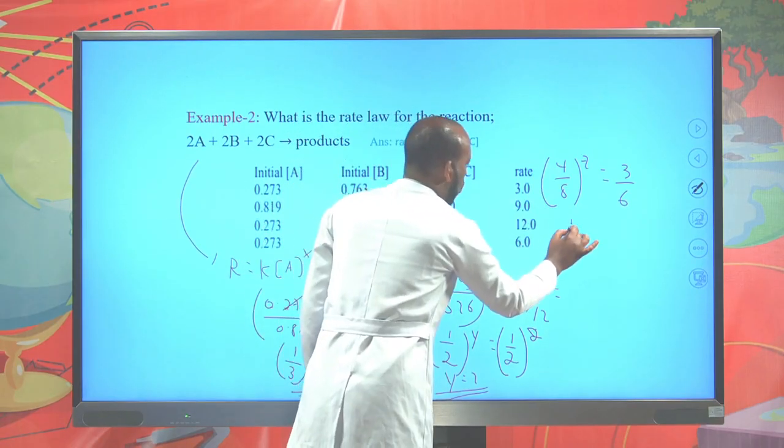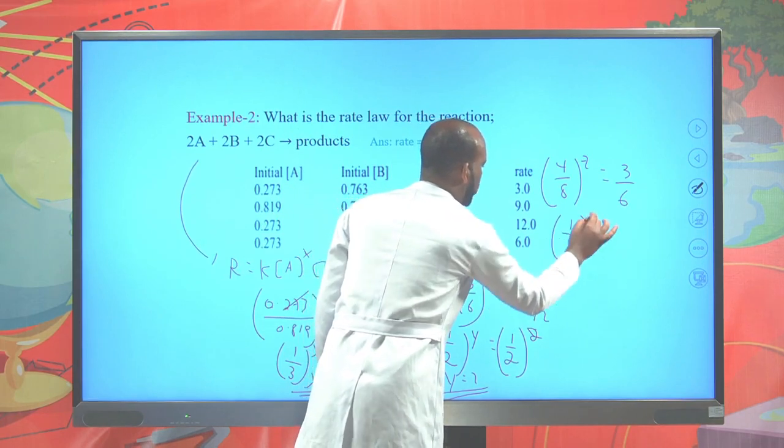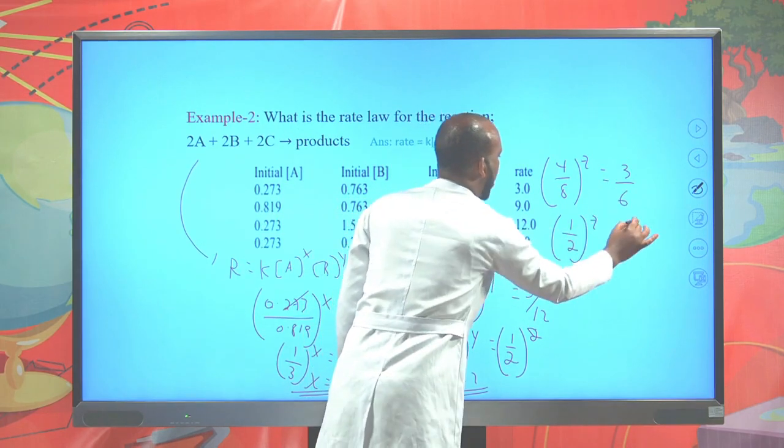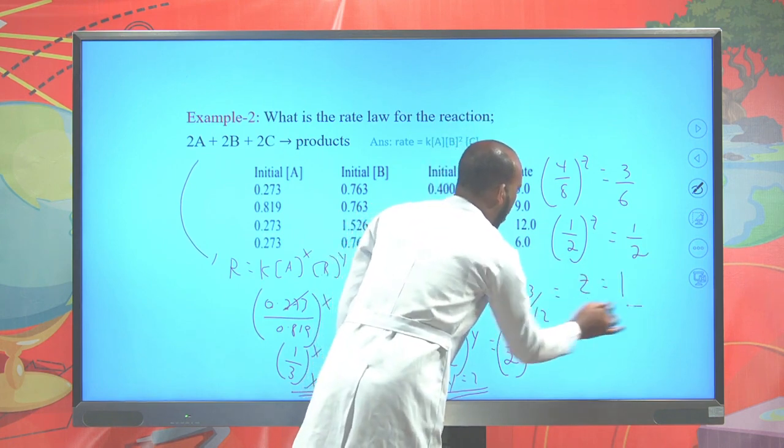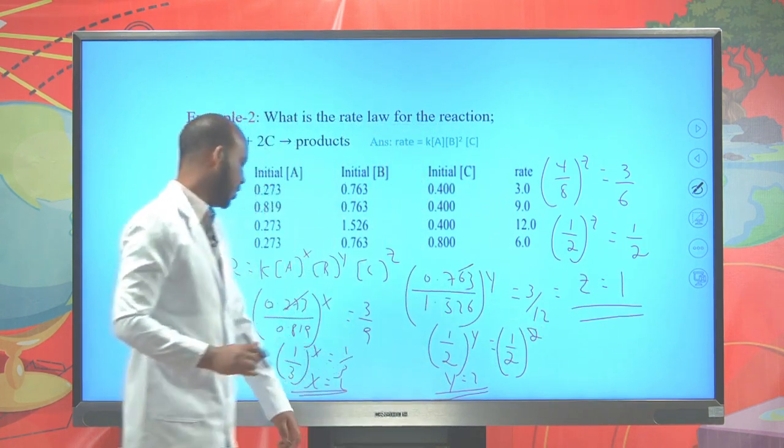By 4, 1 over 2 to the power of z equal, by 3, 1 over 2. From this, z equal 1. The value of z is 1.